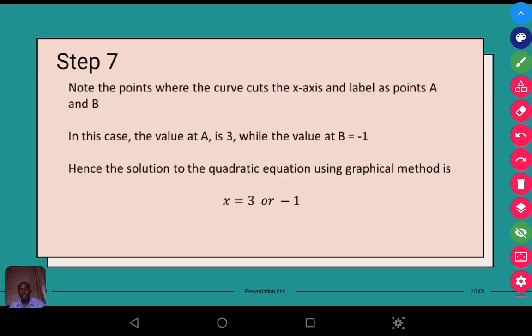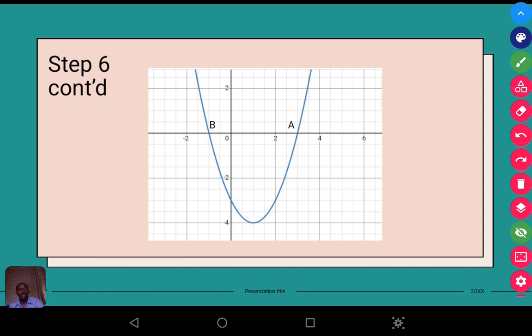The next thing is note the point where the curve cuts the x-axis and label as point A and B. In this case, the value at A is 3, while the value at B is negative 1. So take a look at this. This is our point A. Now take note of where that graph cuts the x-axis.